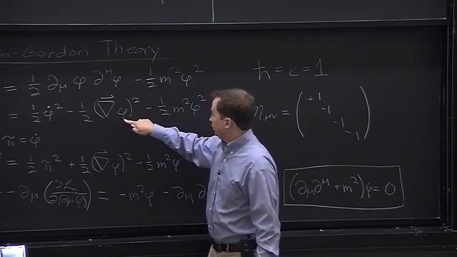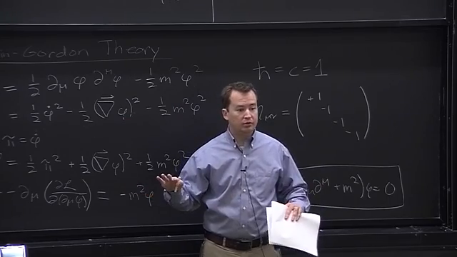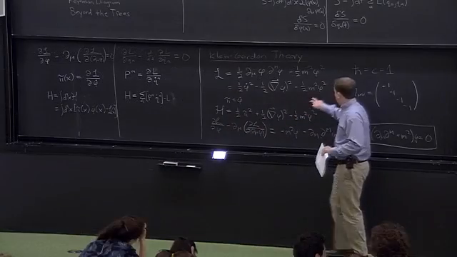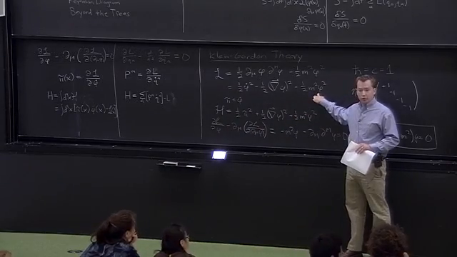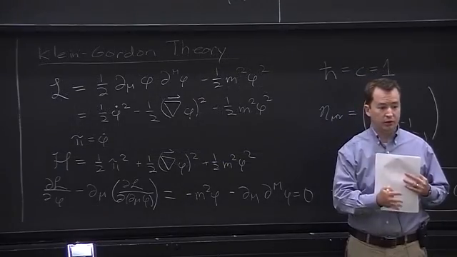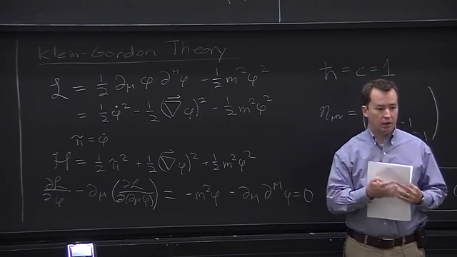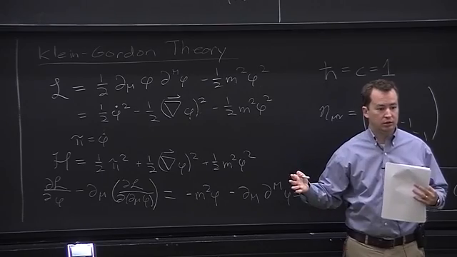So it costs energy to have spatial inhomogeneities in this field. And there's also this quadratic potential term. So when the value of the field is displaced from 0 at any point in space, that costs energy.